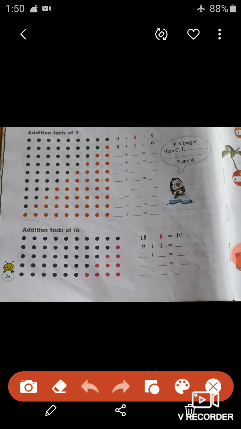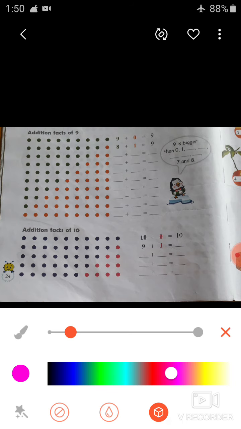Now in the next there are 9 blue dots and 1 pink dot. So students, when we add 9 plus 1 we get the sum 10. In the given blank you have to fill in 10.